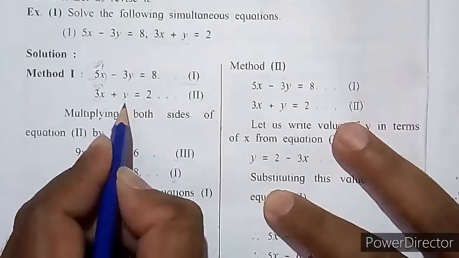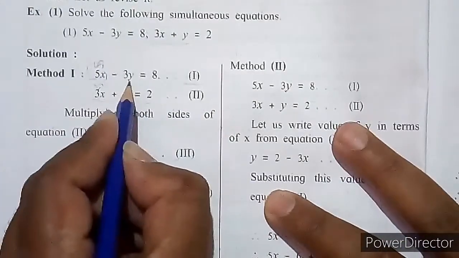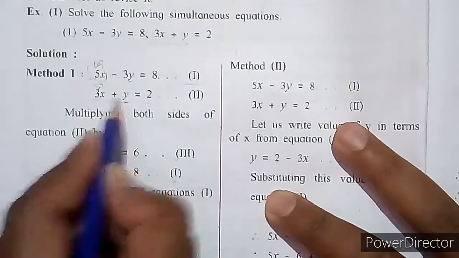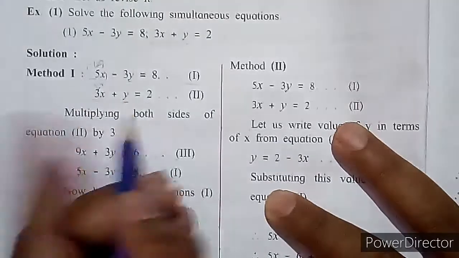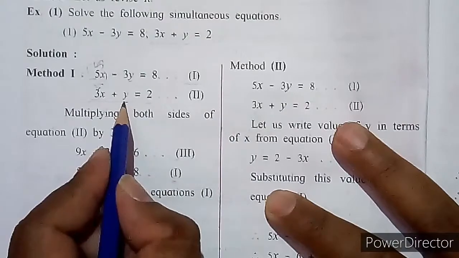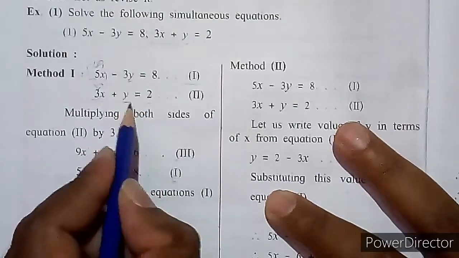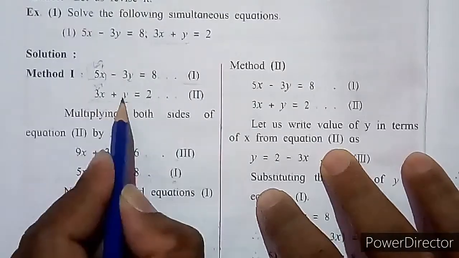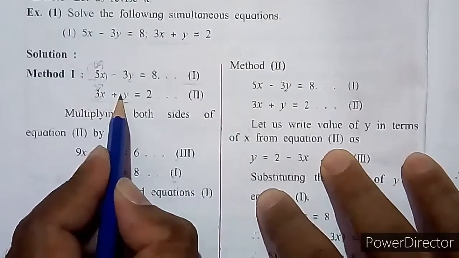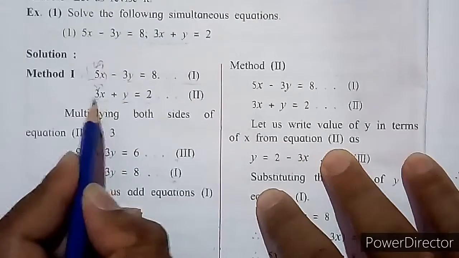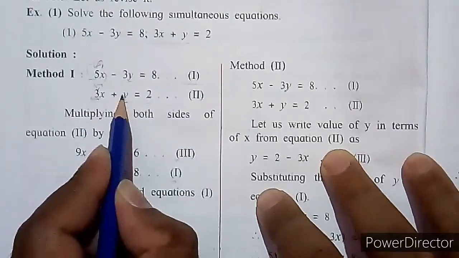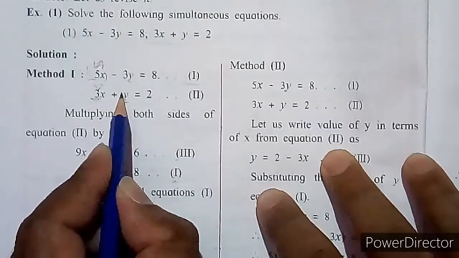Now check the coefficients of y. Here the coefficient of y is 3 and here the coefficient of y is 1. They are not equal. If the coefficients are not equal, make them equal. Either bring 5 here by multiplication or bring 3 here by multiplication. It is hard to bring 5 by multiplication, but it is easy to bring 3 here by multiplication.